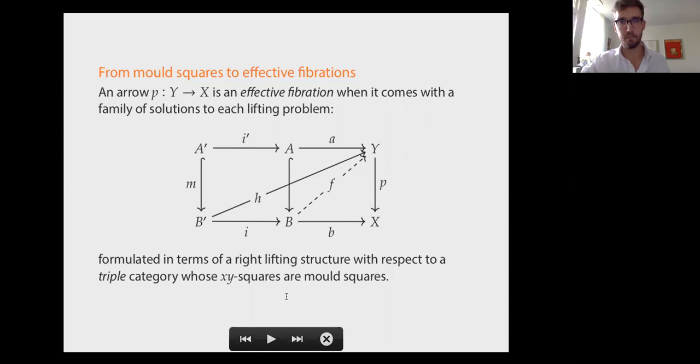So we define a triple category, and using that we can define exactly what it means to be an effective fibration. Due to time, I will not show the triple category, but it's not hard. The key to remember is that by using this triple category, the compatibility conditions between lifts are actually very elegant and straightforward.